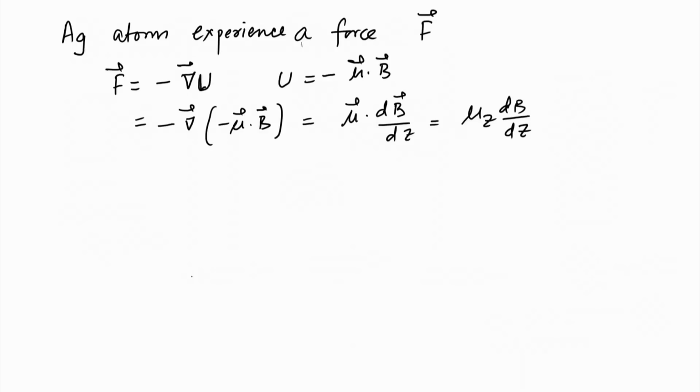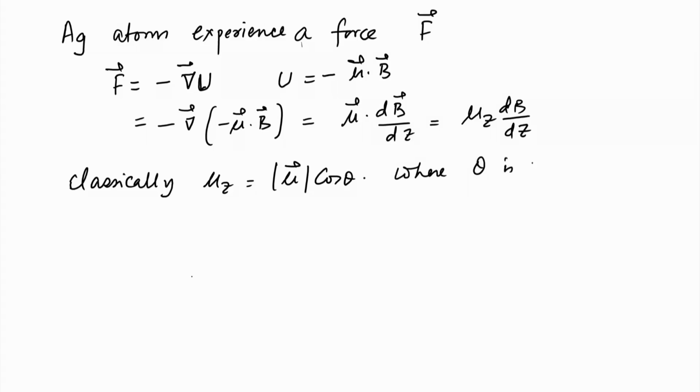So, this is the idea, and if we follow classical physics, then mu z is equal to mu cosine theta, where theta is the angle that mu makes with the z axis.